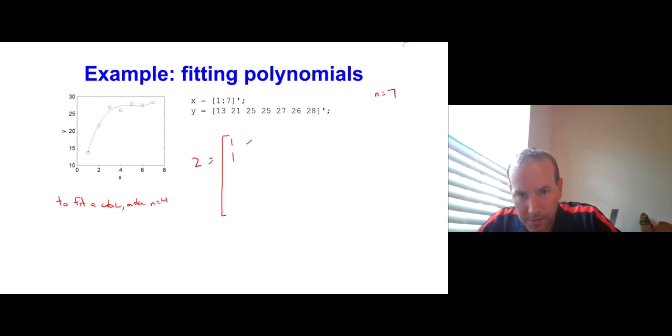So z is going to be written out by z x1, z x2, x1 squared, x1 cubed, and in general, all the way out to x1 to m minus 1.